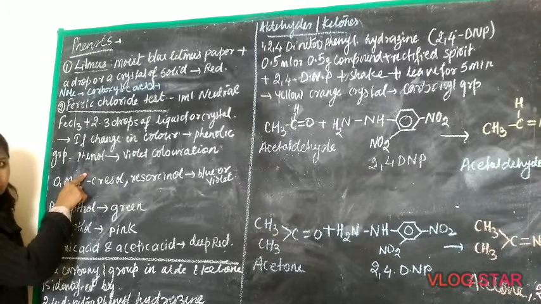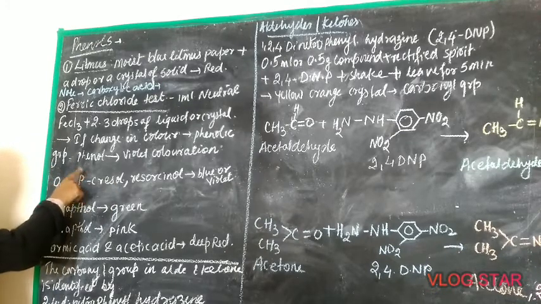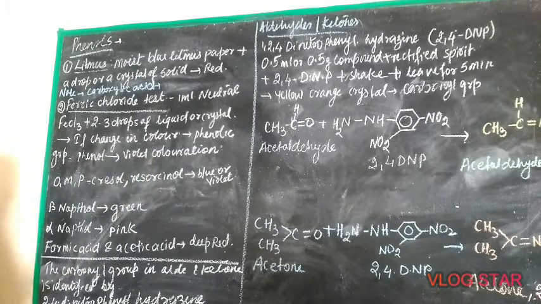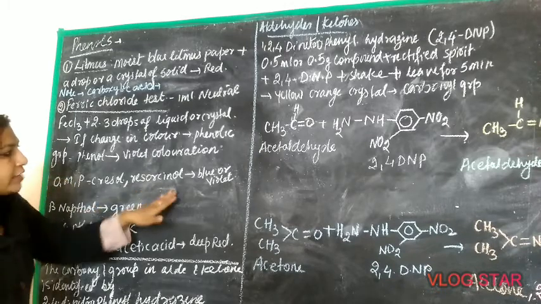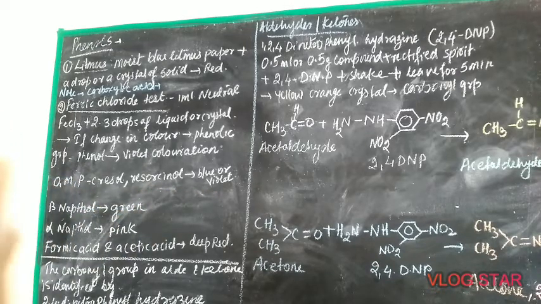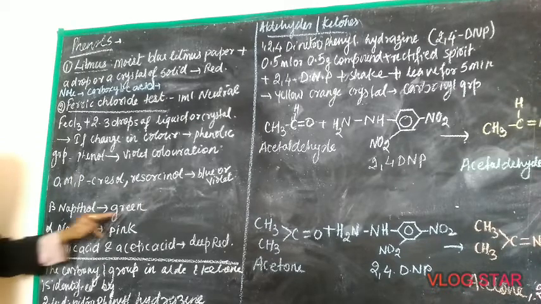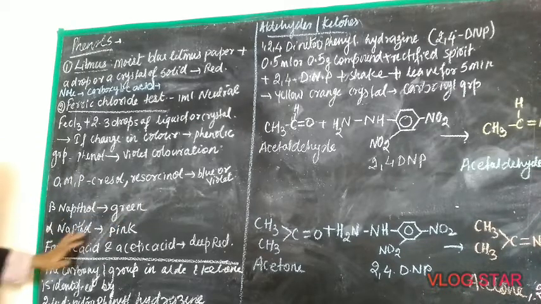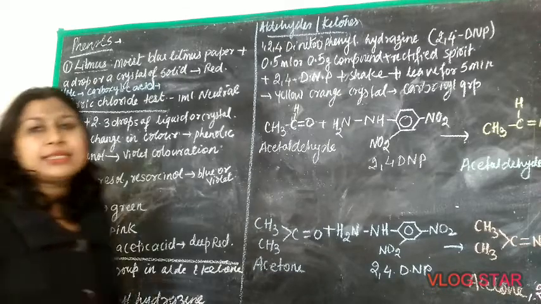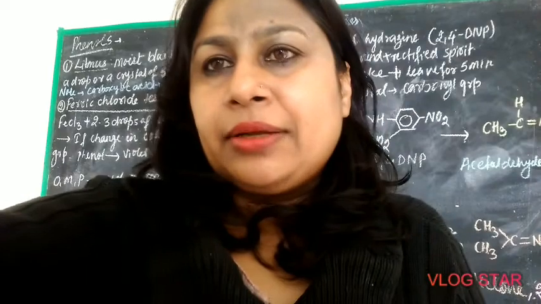Common phenol, C6H5OH, gives violet coloration. Ortho-, meta-, para-cresol and resorcinol give blue or violet coloration. Beta-naphthol gives green. Alpha-naphthol gives pink. And formic acid and acetic acid give deep red color.